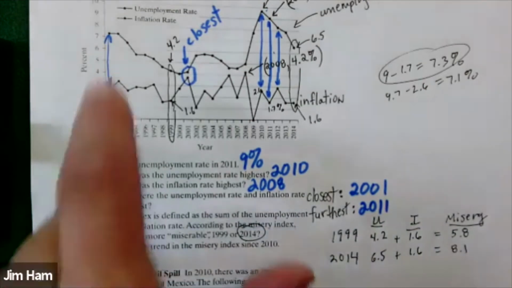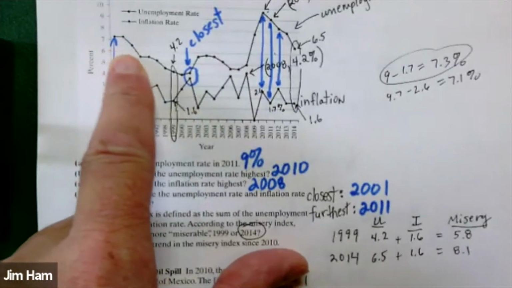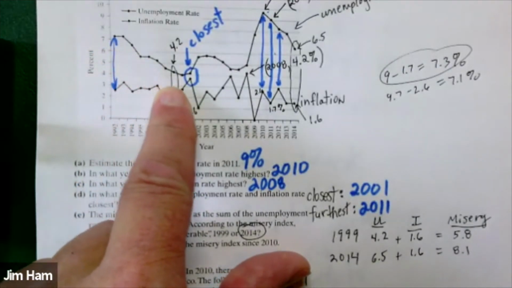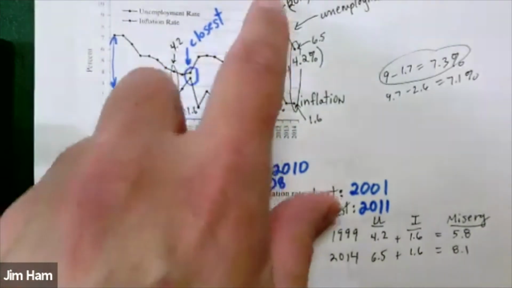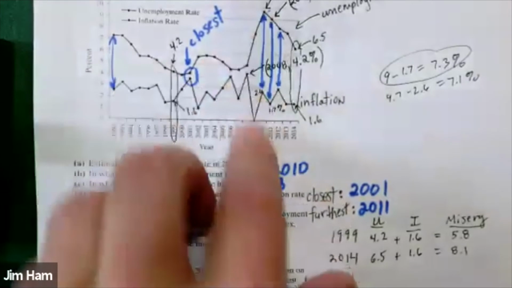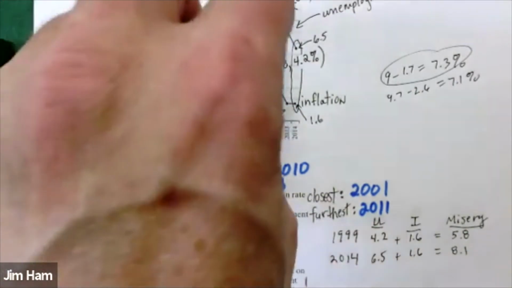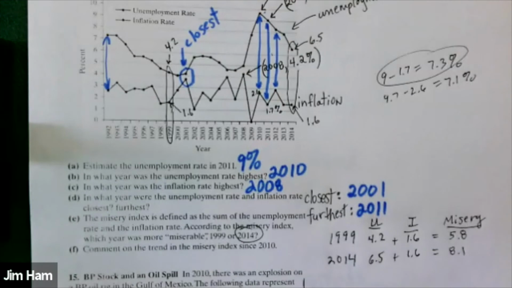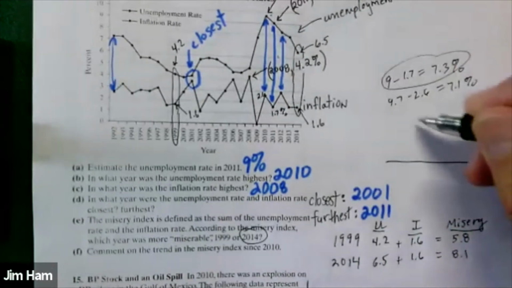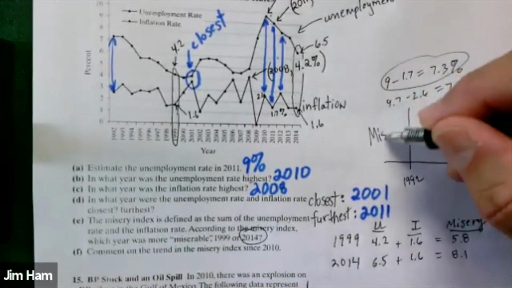Since both graphs are decreasing here, you're going to see the misery index decrease until it hits probably a low somewhere in here. Then this graph goes up and this graph goes up to about 2010. So the misery index increases to about 2010, or maybe 2011, and then it looks like it goes down after that.